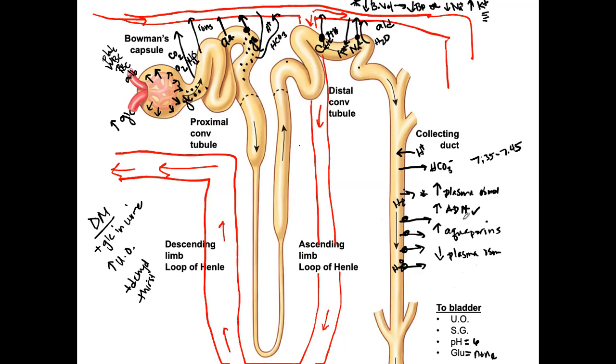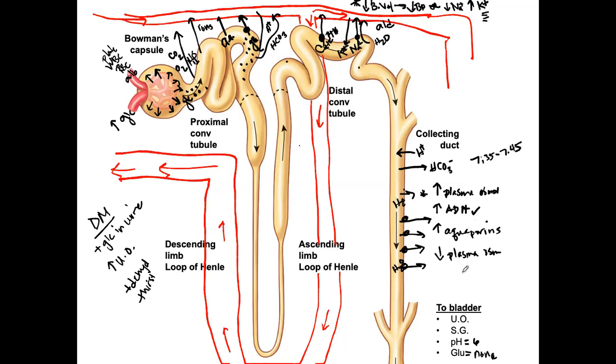So if you have a high plasma osmolarity and you're releasing ADH, you're reabsorbing water. And if you're reabsorbing it, you're not peeing it out, right? So there's two things you can do with water that you filtered out. You can reabsorb it back into the bloodstream, or you can pee it out, right?